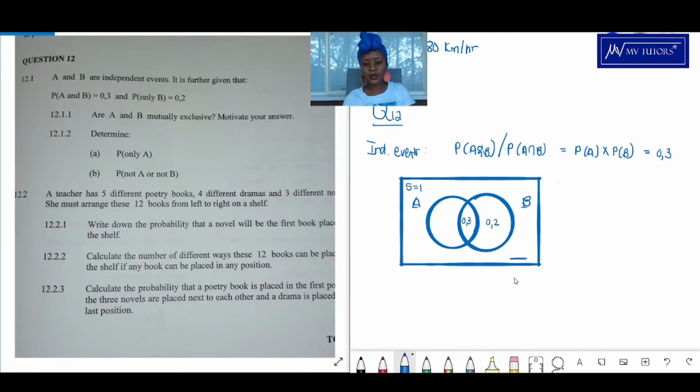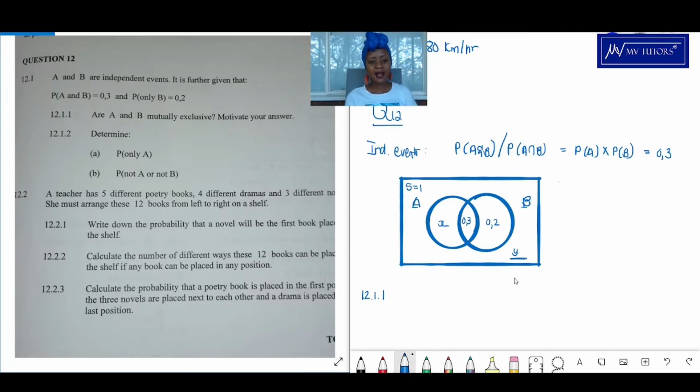At the moment, we don't know what only A is, and we don't know the activities that are not involved in these two events. But we know that when we add everything up, the probabilities must be equal to 1. If you get something bigger than 1 or smaller than 1, something is wrong. With that being said, let us go and answer the questions.